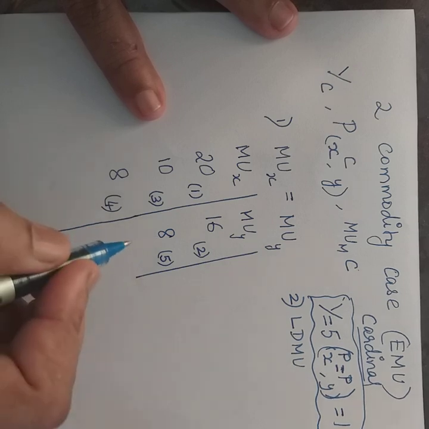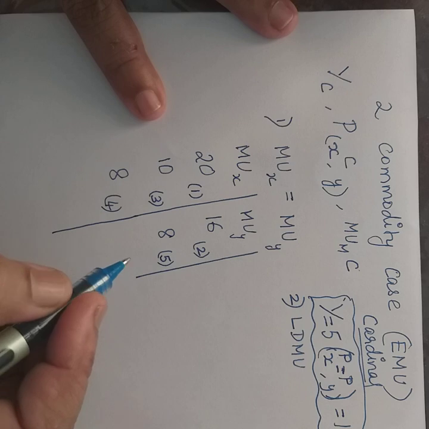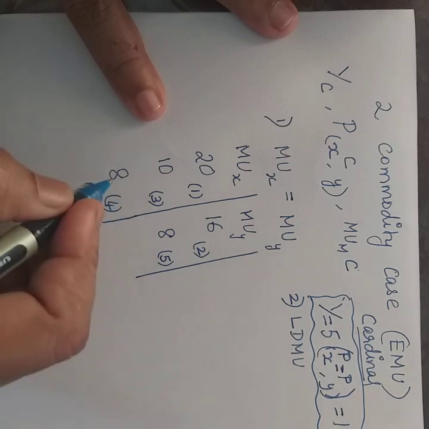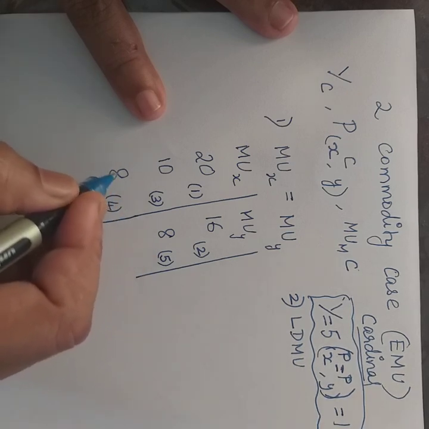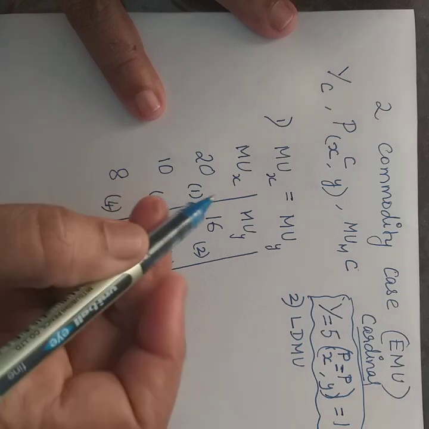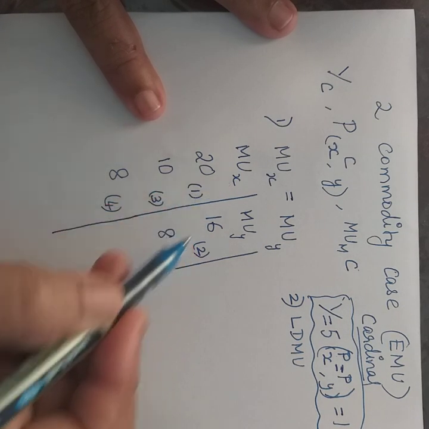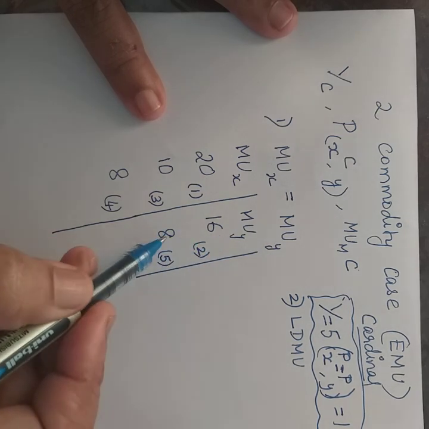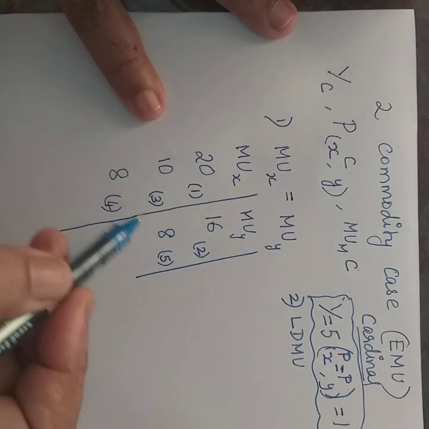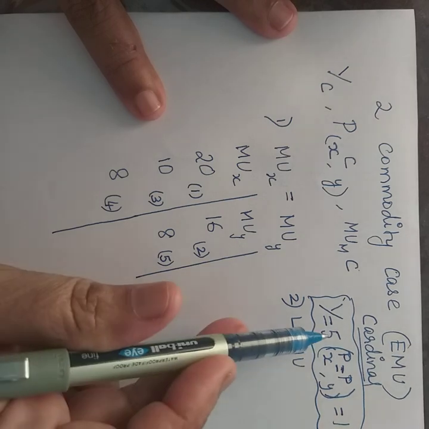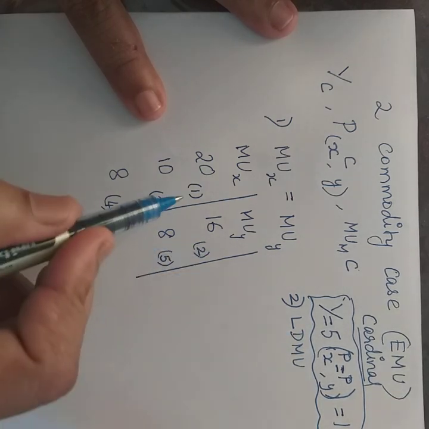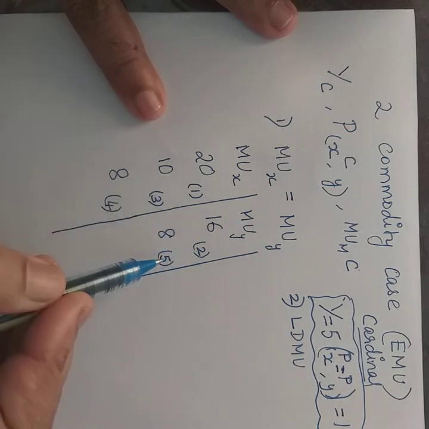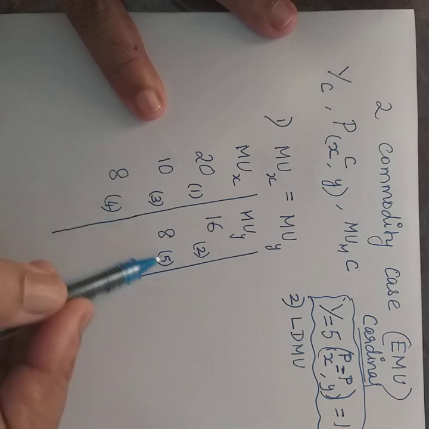Fine. Now 8 is the marginal utility that the person gets from X. 8 is the marginal utility that the person gets from Y, right? That is equal. Also the money income is fully spent: 1, 2, 3, 4 and 5, right?